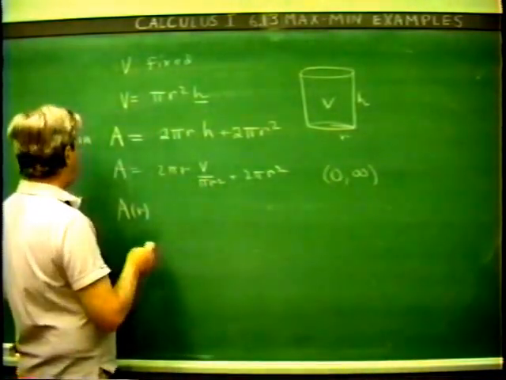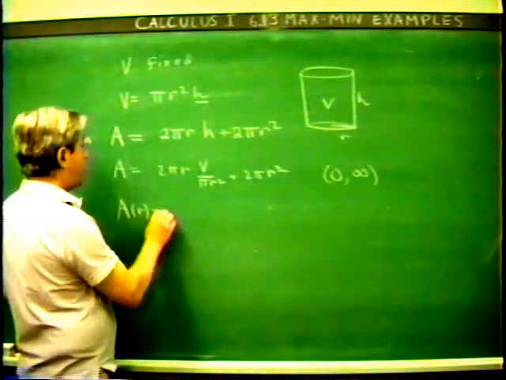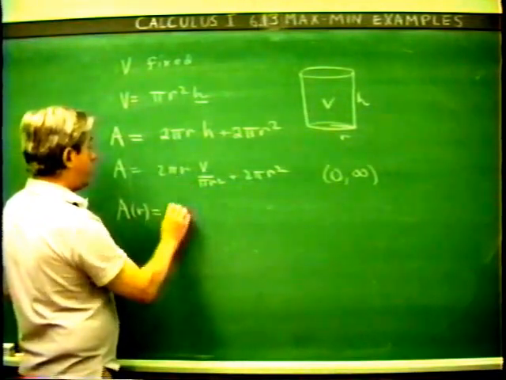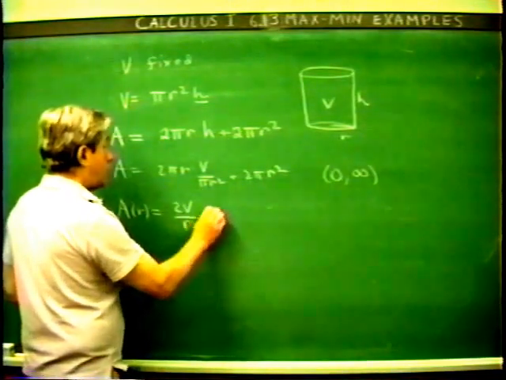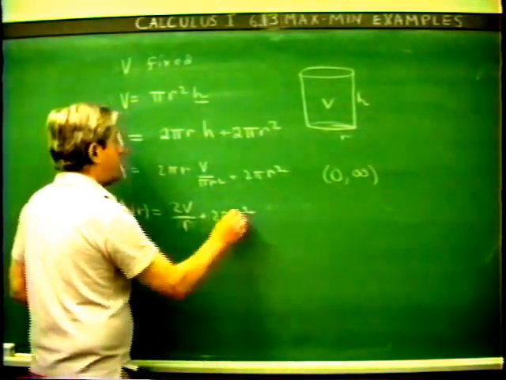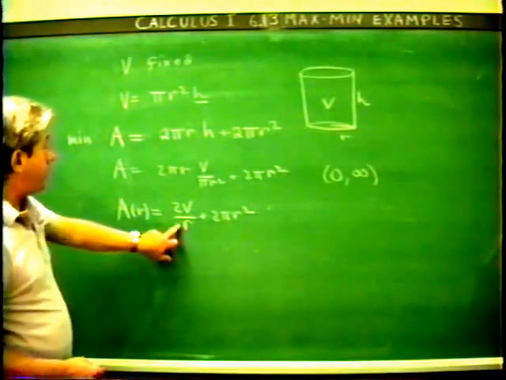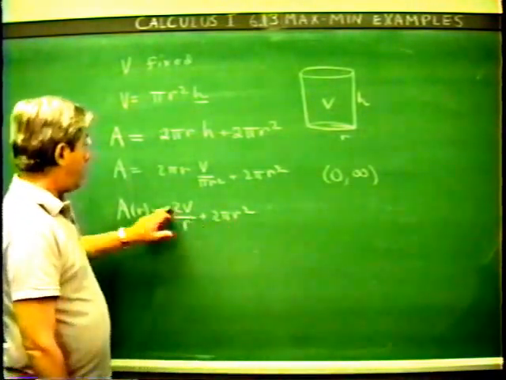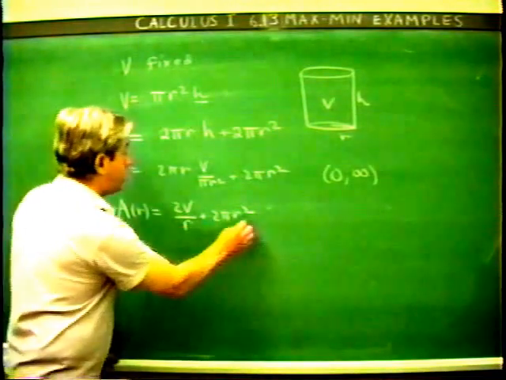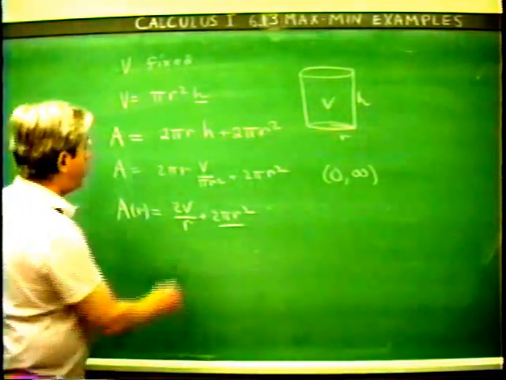However, the endpoints here, at 0 and for large values of r, are not where the minimum is going to occur. Area as a function of r is what? 2V over r plus 2 pi r squared. So when r is very large, the area is going to be large.